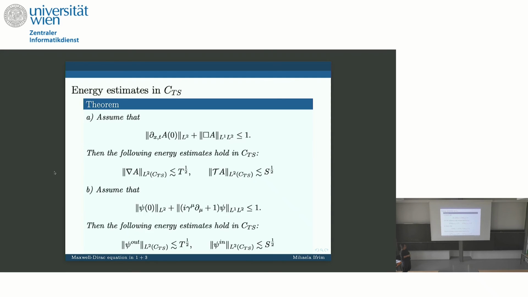This is the source term. Here you see two portions of this term, because we are talking about each equation, the wave equation and the Dirac equation, separately. We look at those equations in CTSs, and for us the nonlinearity is just a source term. We are measuring this in L1, L2, and we are assuming this is small.